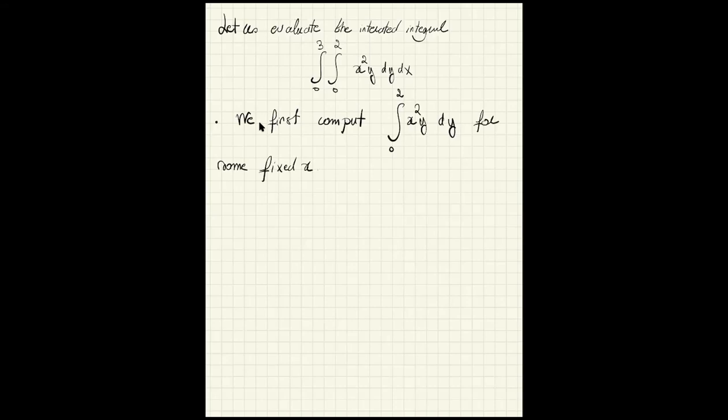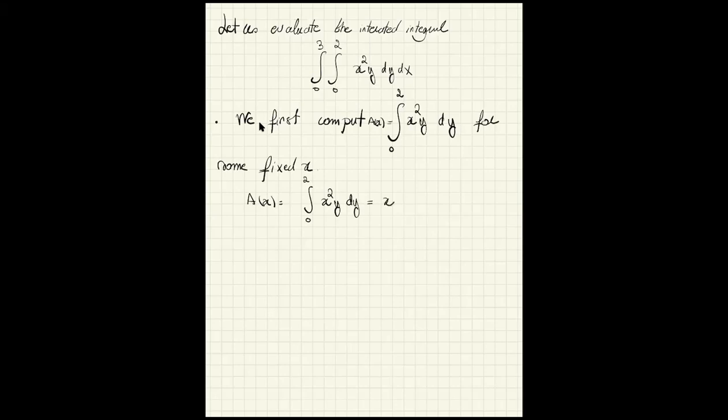So what is this? This will be a(x). So a(x) will be equal to the integral from 0 to 2, dy. Now this is a constant right now, right? It's a fixed x.